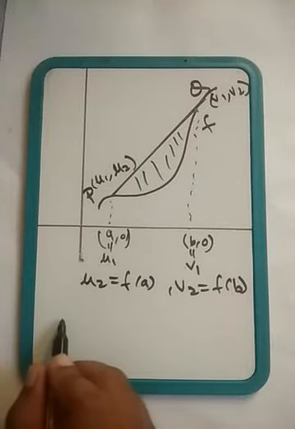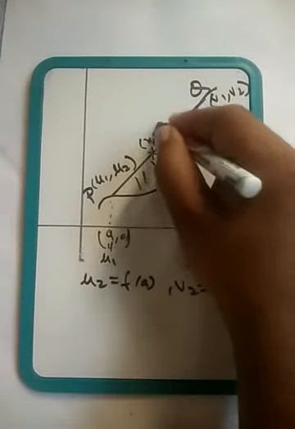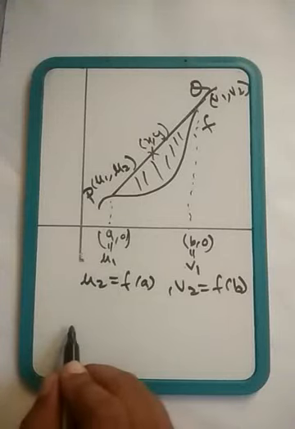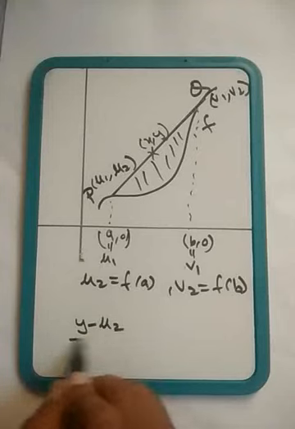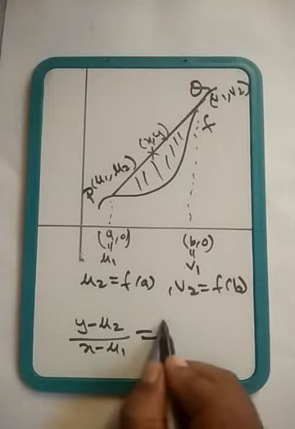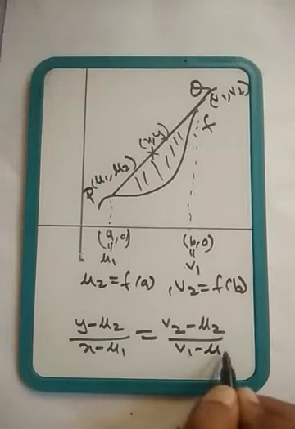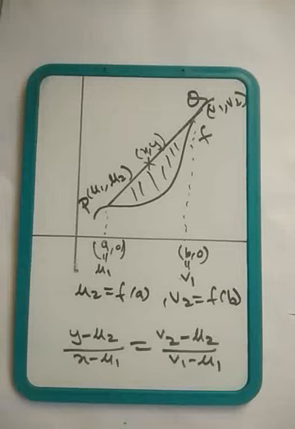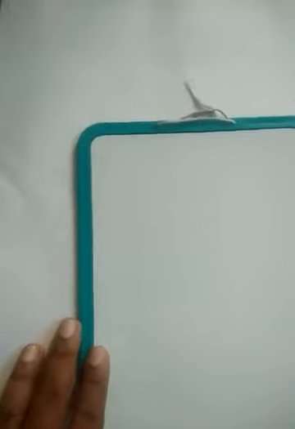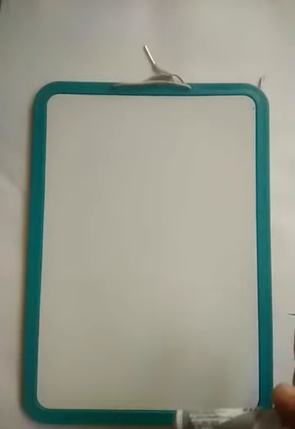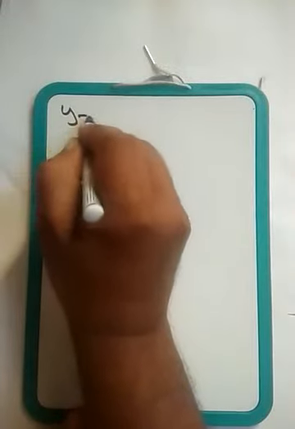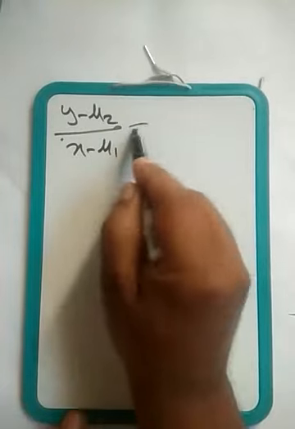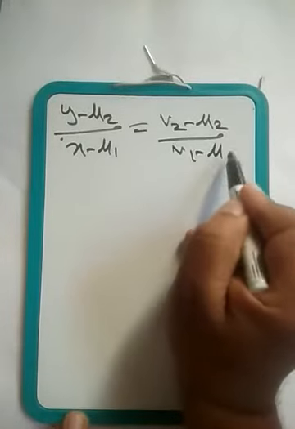If you take a point over here, maybe say x comma y, then y minus u2 upon x minus u1 is the same thing as v2 minus u2 upon v1 minus u1.